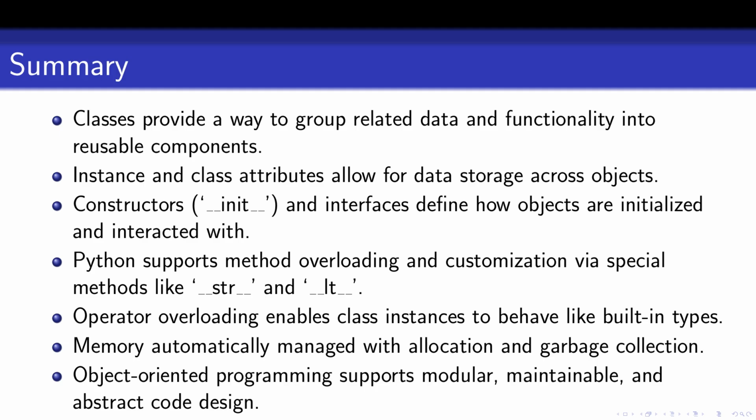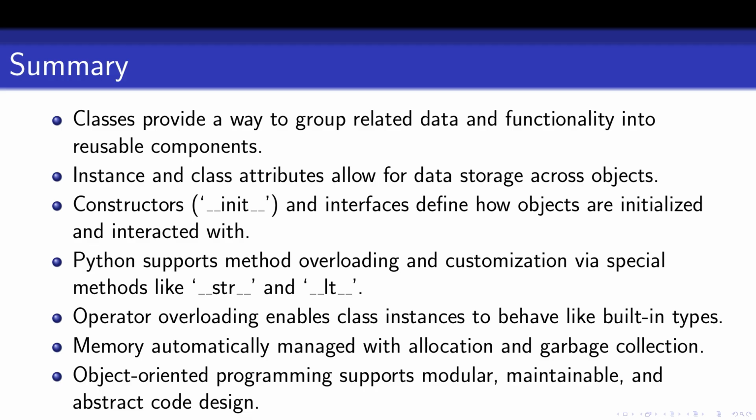In this video, you've learned how Python supports object-oriented programming through classes and objects. You saw how to define custom classes using the class keyword, how to use constructors to initialize objects, and how to store data in instance attributes. You explored the difference between class-level and instance-level attributes and learned how Python handles attribute lookup.